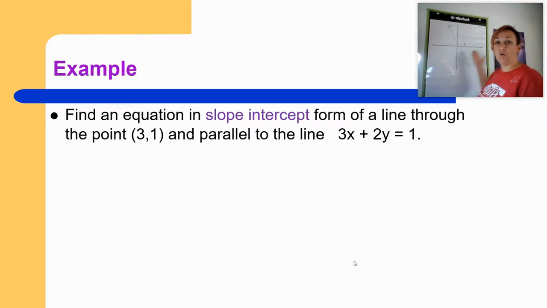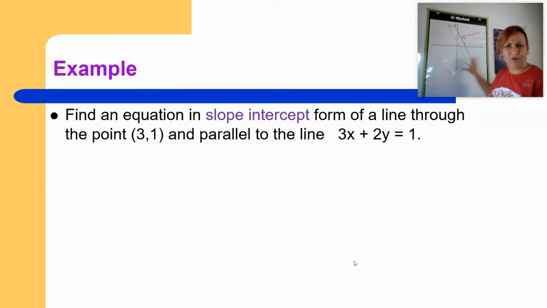So I've given you a point and a line. Our job is to figure out the equation of a second line that touches this dot and is parallel to the first line. And we want that line to be in slope-intercept form. Okay, so that's what we're going to do.